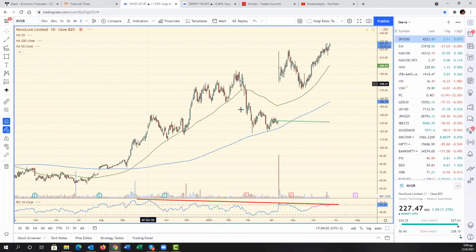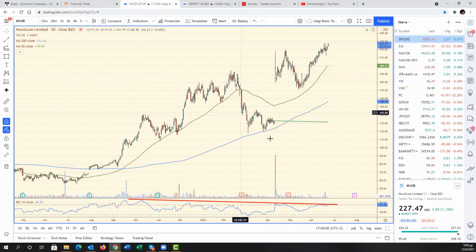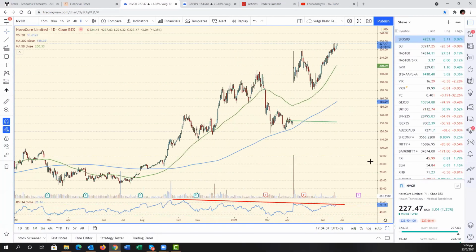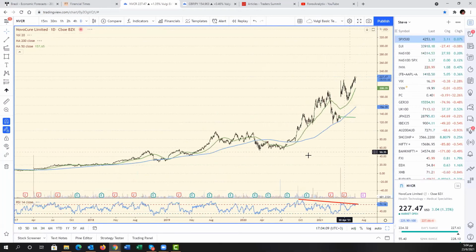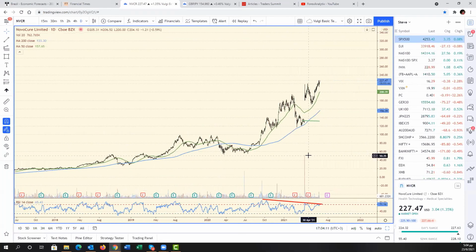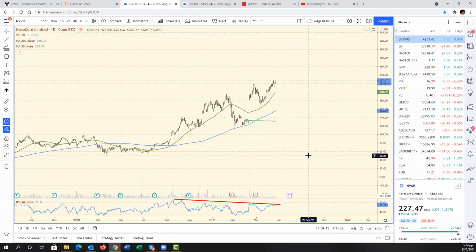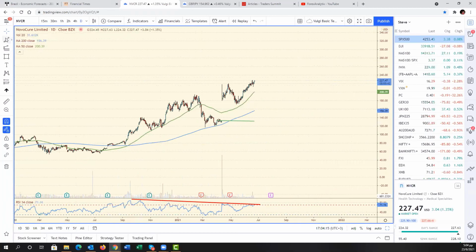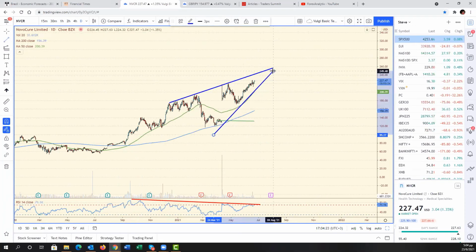NVCR. This chart troubles me somewhat, I have to tell you. More than somewhat.